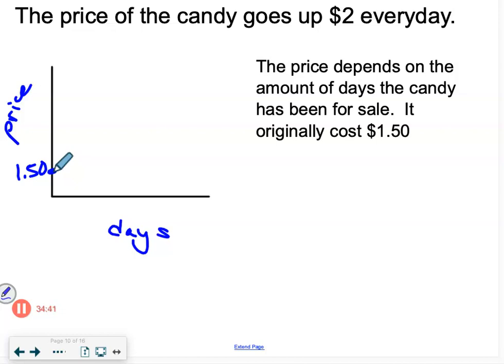Before I sketch the line, what's the slope? Two. Are you sure? Yeah. Okay, so with a slope of 2, is our graph going to look flat like this? No. Is it going to look kind of shallow like this?